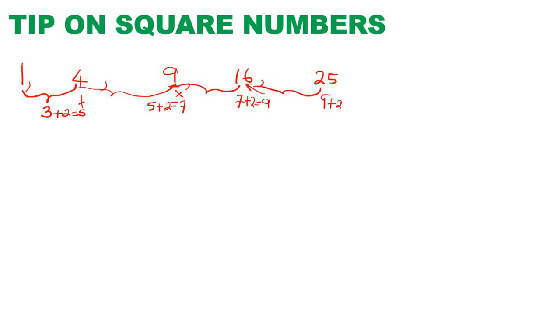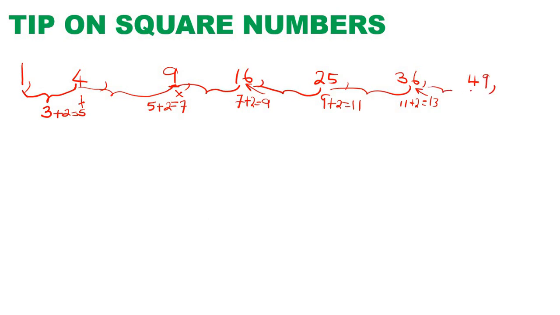Plus 2, you get 11. Add 11 to 25 and you will get what? 36. That is the next square number. Then the difference is 11 plus 2, which gives you 13. Add 13 to this 36 and you will get what? 49, which is the next square number.